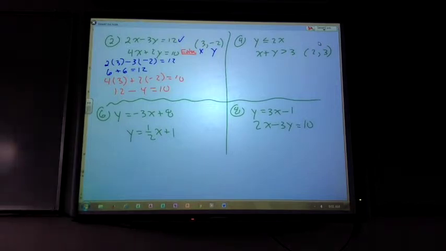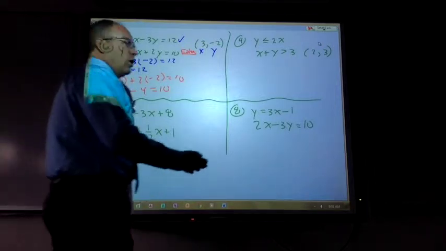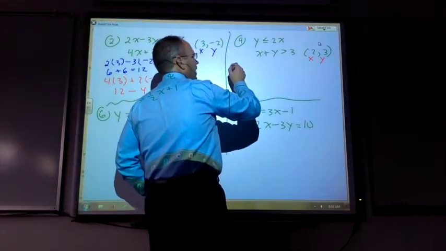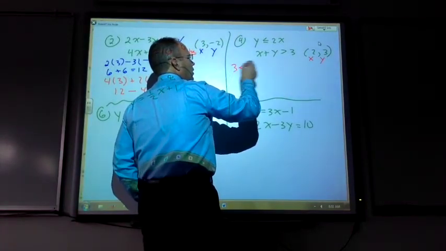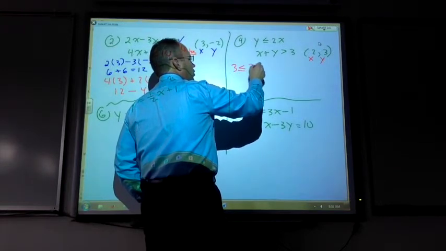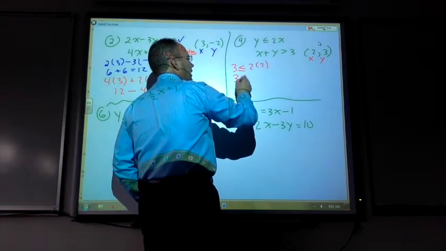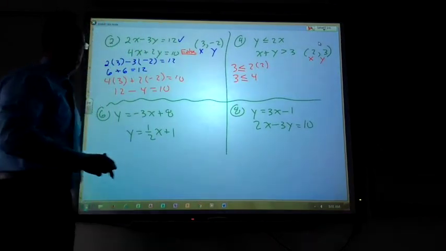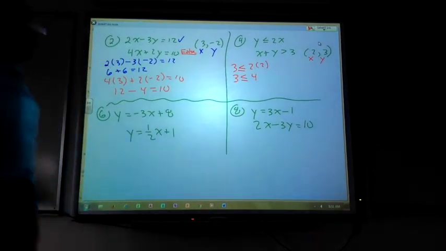Okay, it's goofy because we have inequality. So we're just double checking the region. So let's plug the values in. 3 is less than 2 times 2. 3 is less than or equal to 4. True or false? Is 3 less than 4? Yeah.